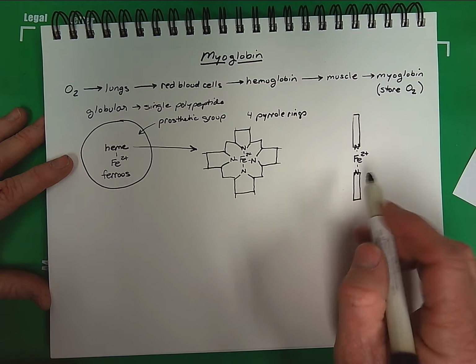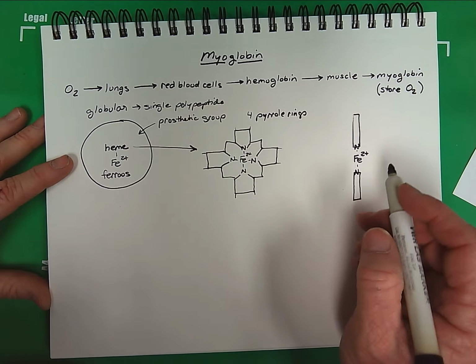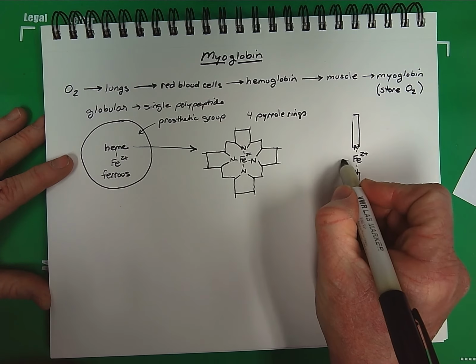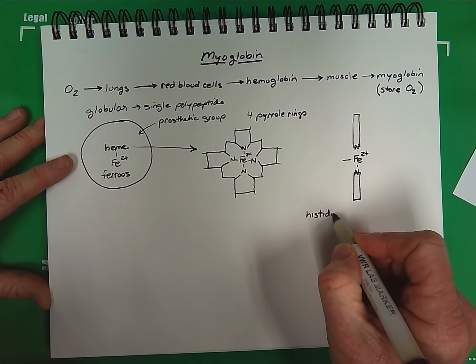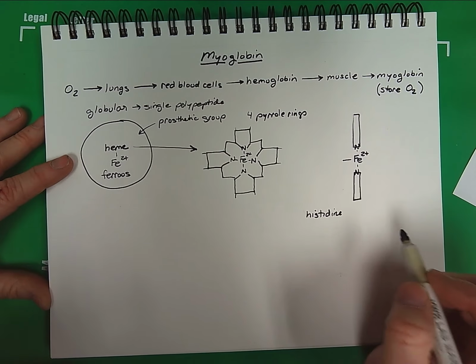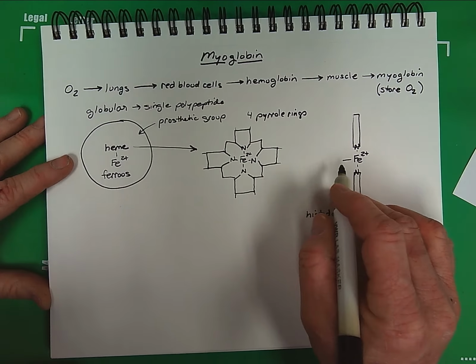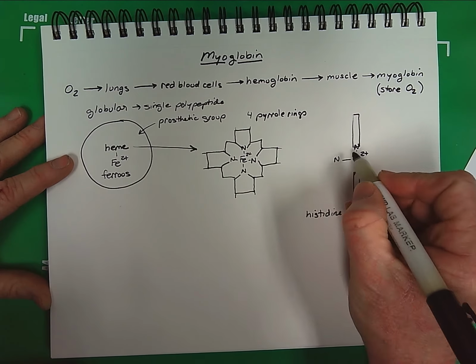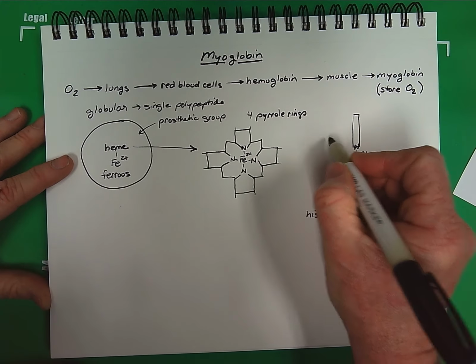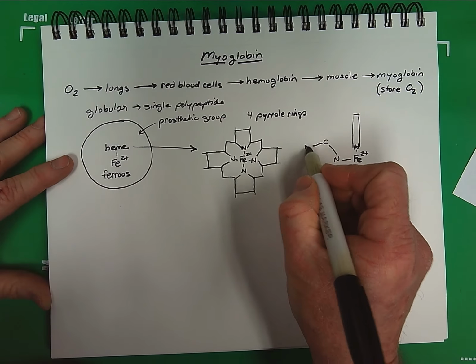Now the primary interaction of heme with the protein myoglobin is going to occur through a histidine amino acid. This histidine is part of the polypeptide of myoglobin, and it is binding the heme to the protein.